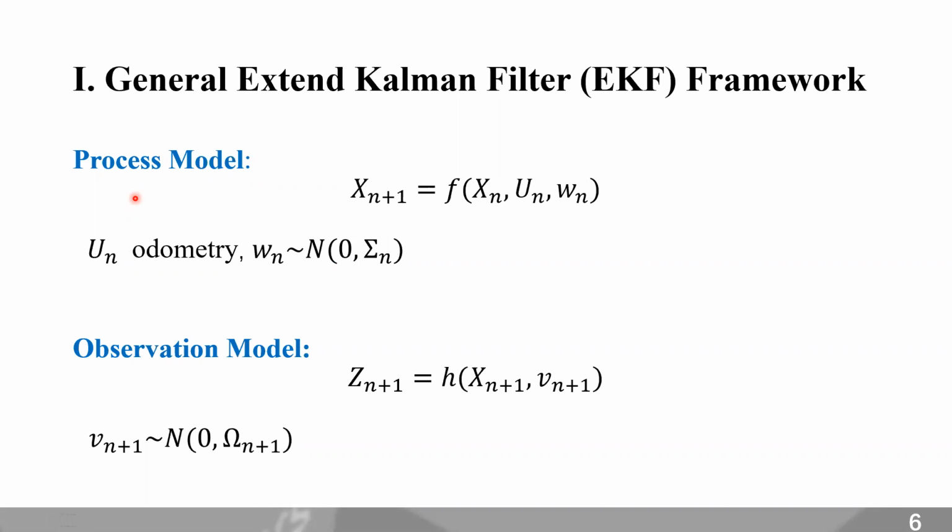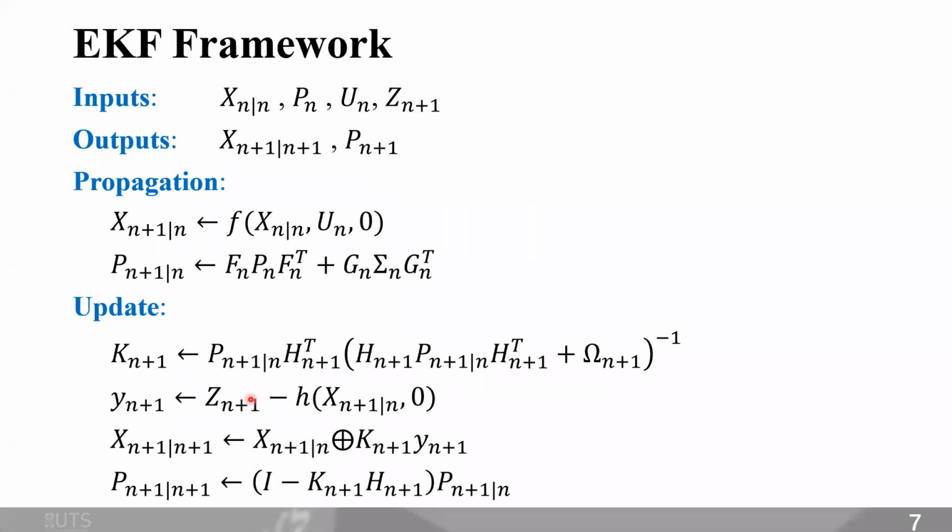As Sheldon presented last week, the extended Kalman filter in SLAM considers the following form of nonlinear dynamic models, including the process model and observation model. After some linearization, we can estimate the current state with uncertainty using the Kalman filter.